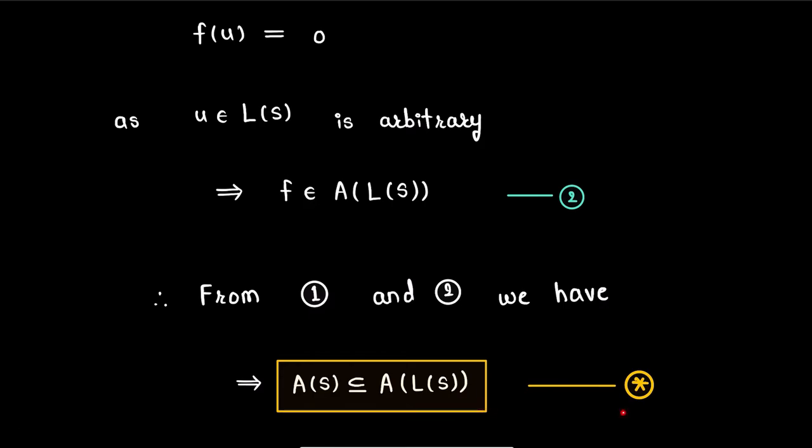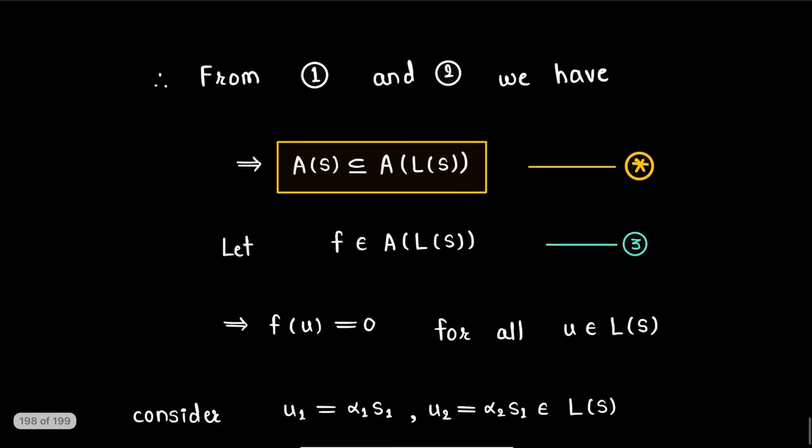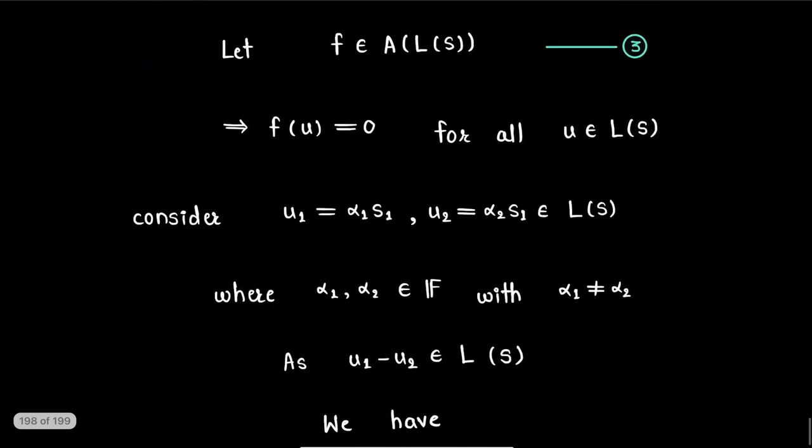We will call this expression star. Next, let us consider a homomorphism f that belongs to the annihilator of the linear span of S, and we will call this expression 3. Since f is in the annihilator of the linear span of S, we have f of U is 0 for all vectors U belonging to the linear span of S. In particular, consider the vectors U1 equal to alpha 1 S1 and U2 equal to alpha 2 S1.